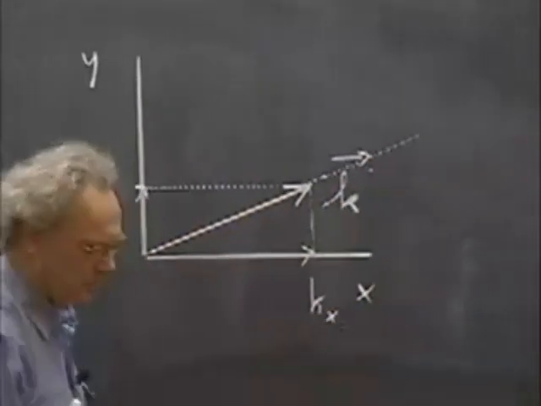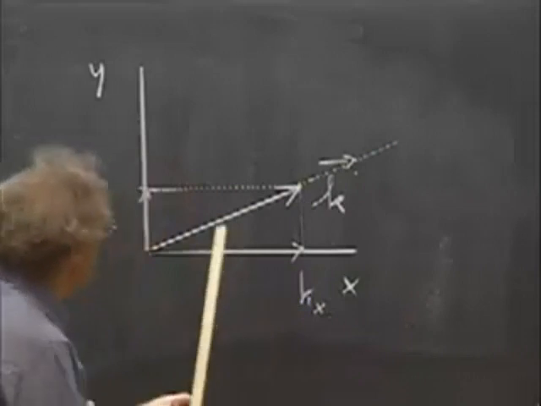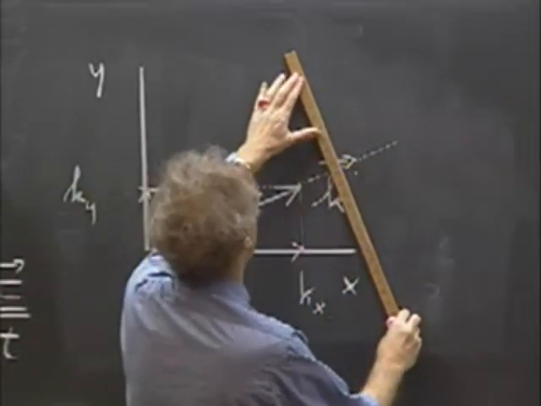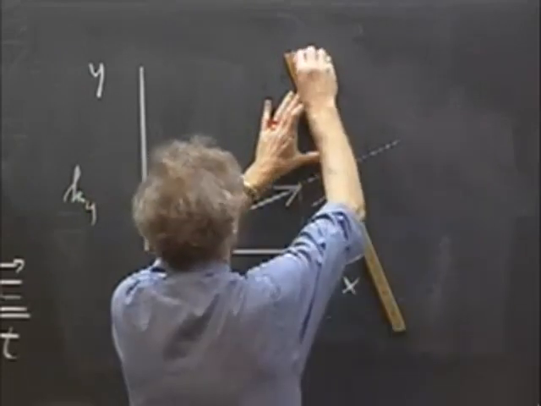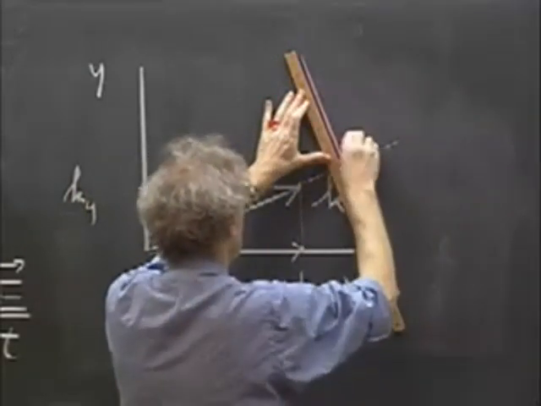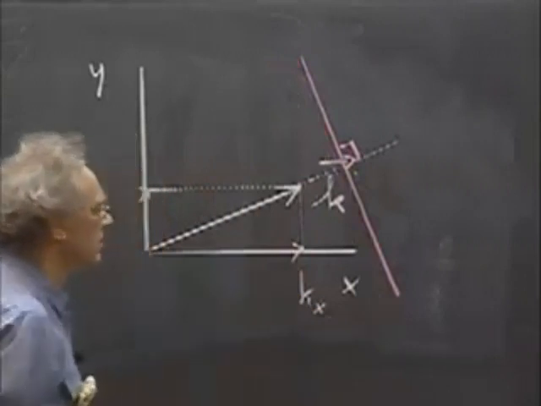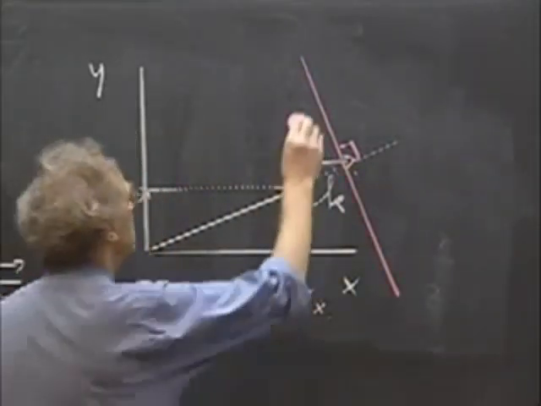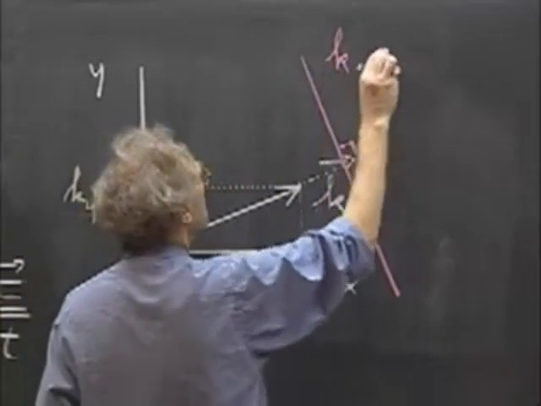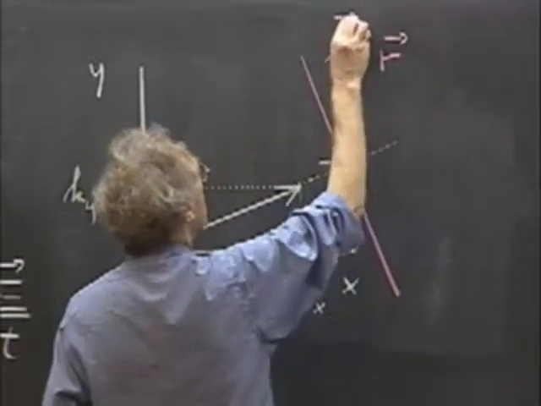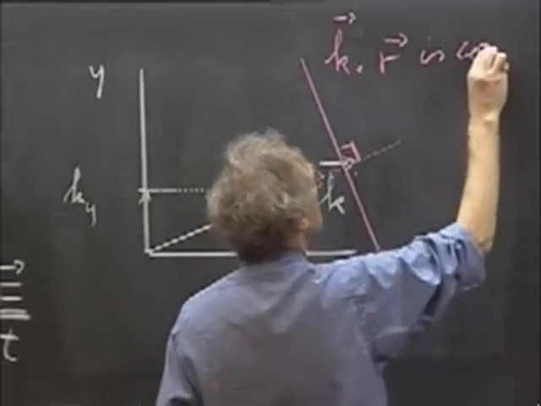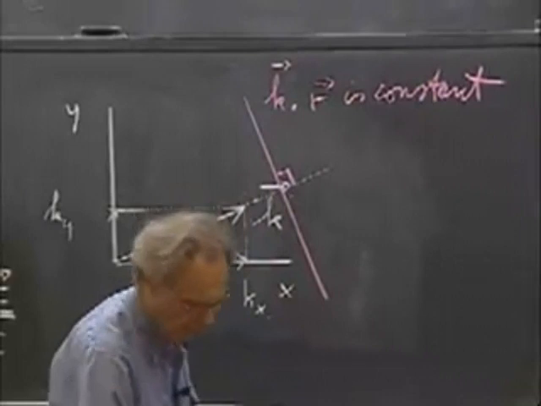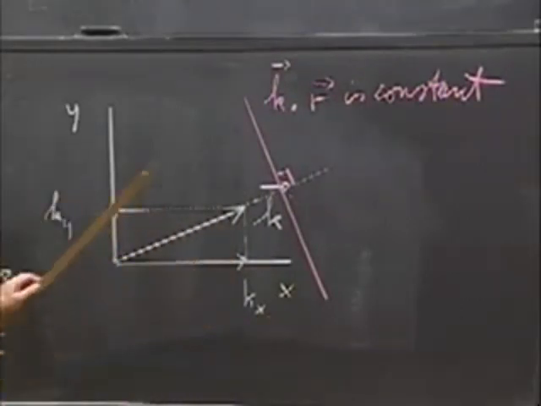This line here is perpendicular to the k vector. This angle is 90 degrees. I will convince you that on that line, k dot r is a constant. You can see that immediately.